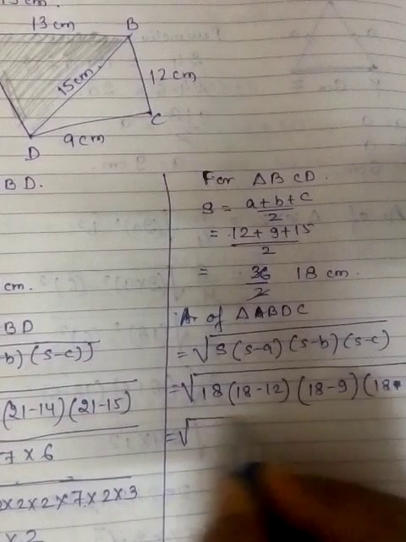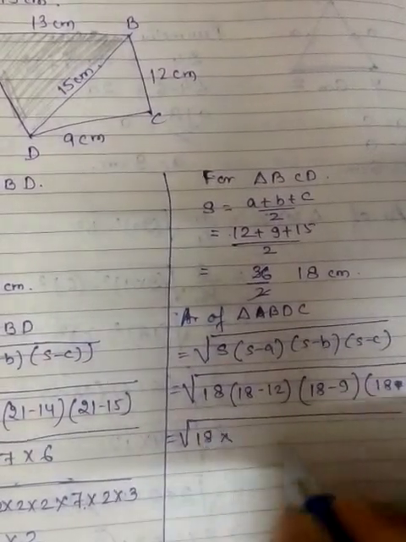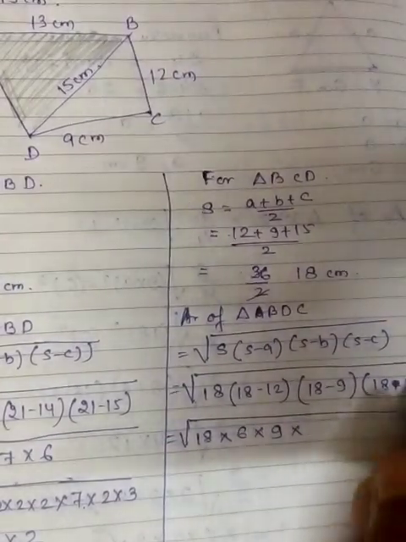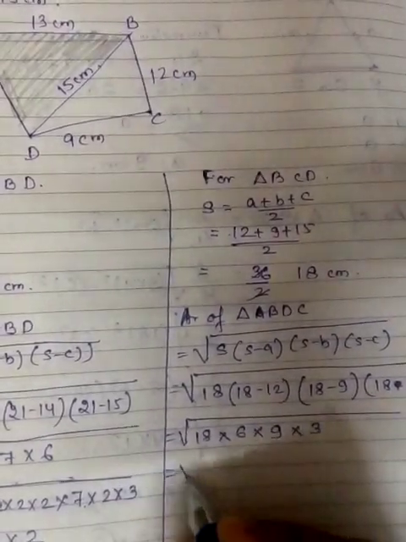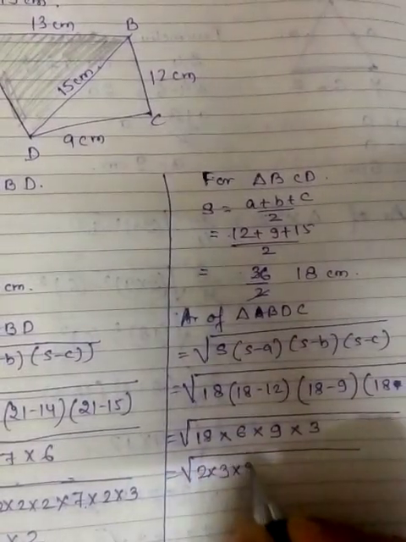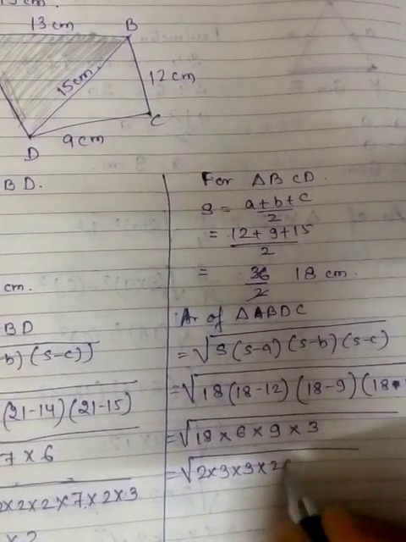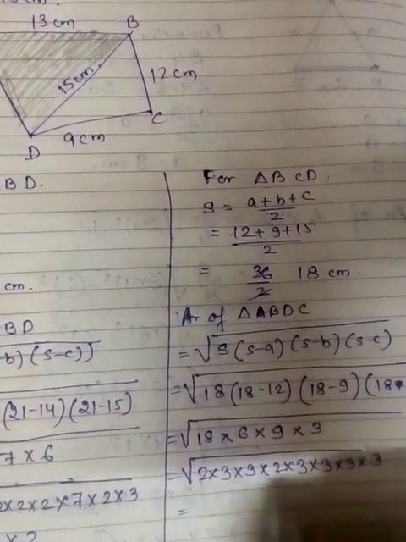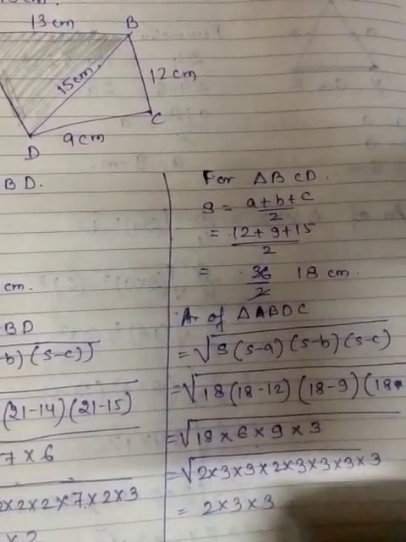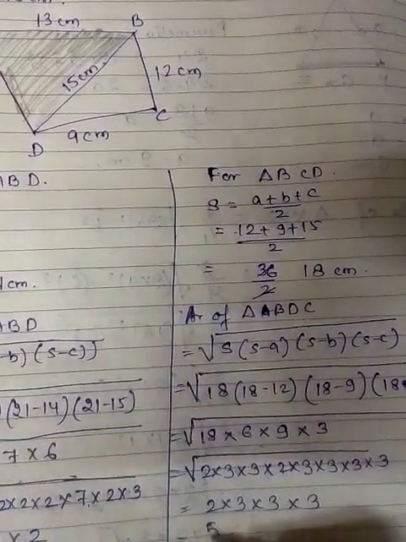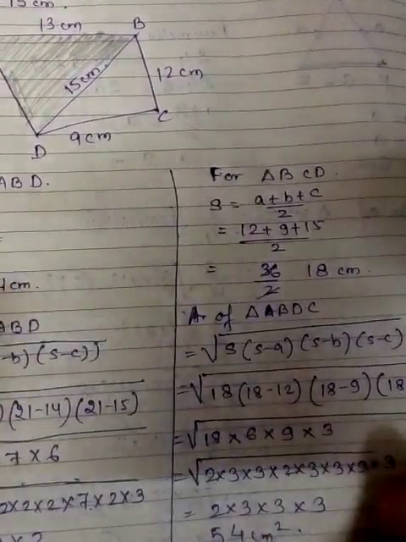So we'll get here 18 into 6 into 9 into 3. So 18 can be written as 2 into 3 into 3, 6 can be written as 2 into 3, 9 is written as 3 into 3, and one more 3. So taking out common 2, 3, 3 and 3, we'll get here 54 centimeter square.